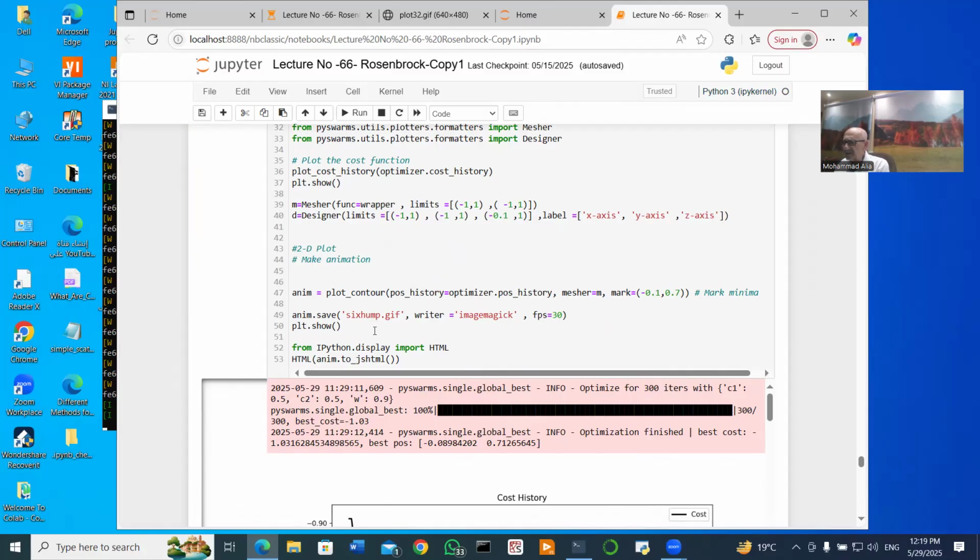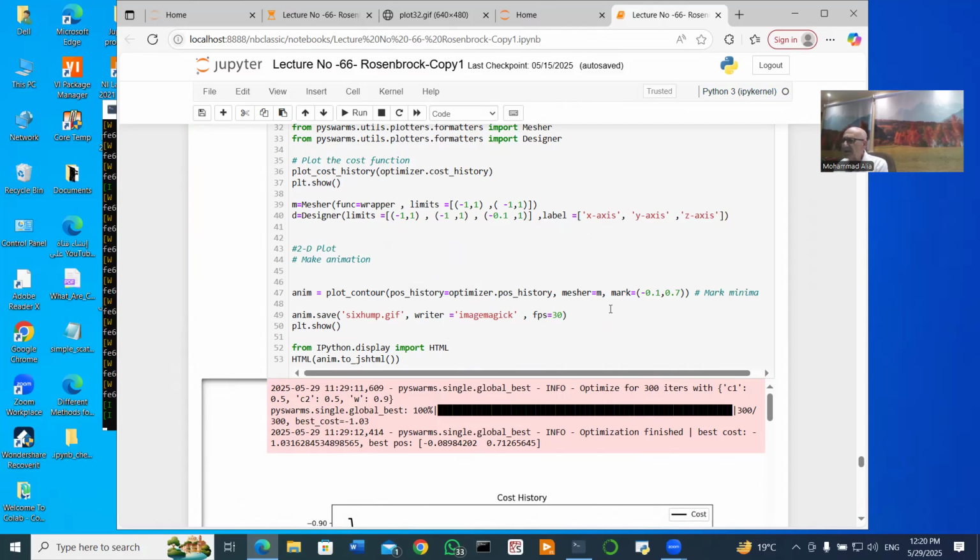We call it 6-hump GIF, and we can refer to this file and read it anytime we want to have an idea about the animation process. Also, we can plot the animation by using the HTML function directly on the notebook.